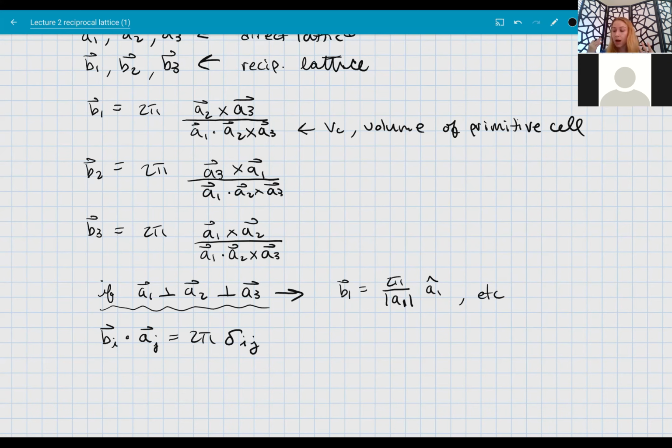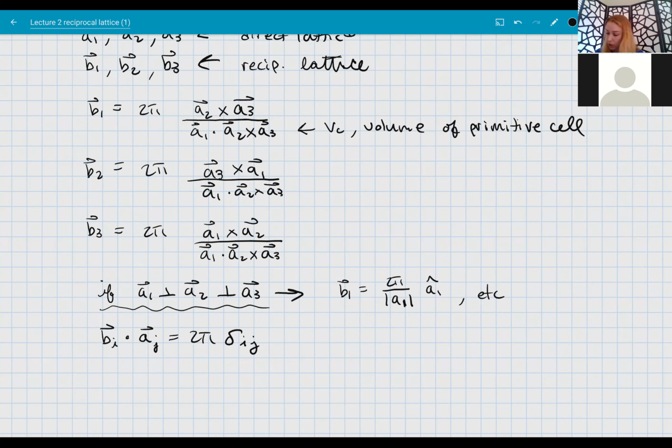So basically, b1 dotted with a1 is going to be 2 pi, b1 dotted with a2 is going to be 0, and so on and so forth. And this is something that you can use to double check whether you calculated your reciprocal lattice vectors correctly.